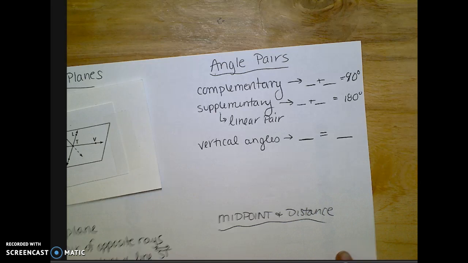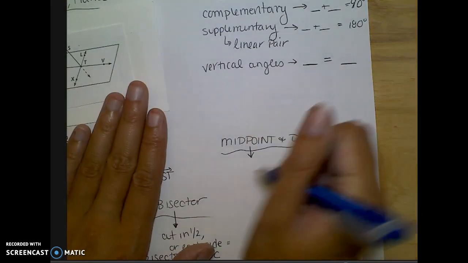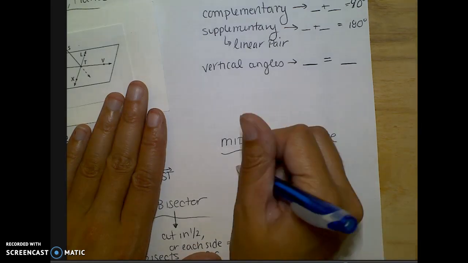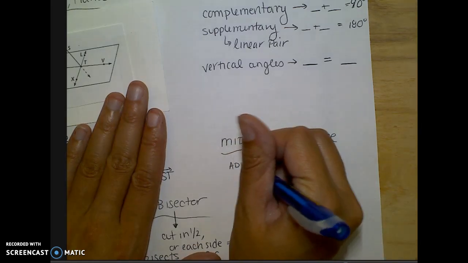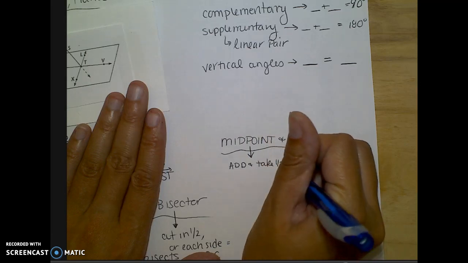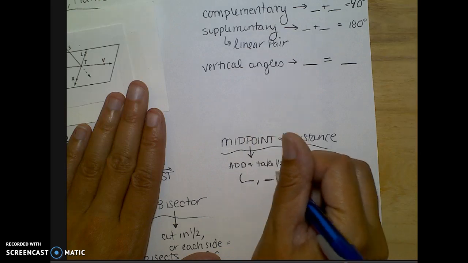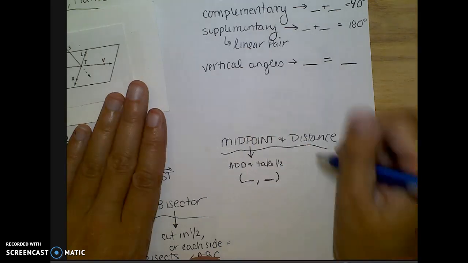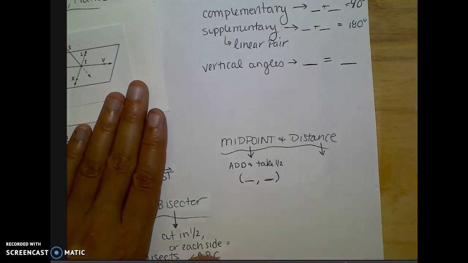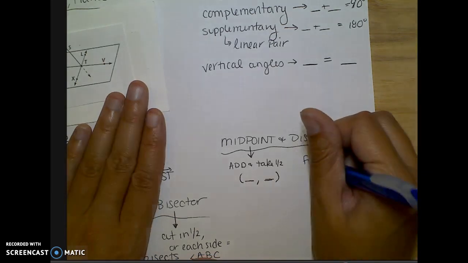And then last but not least, midpoint and distance. If we're talking about midpoint, basically the math you want to do is you want to add and take half, and your answer is going to look like a number, comma, another number. If we're talking about distance, you basically want to find slope.